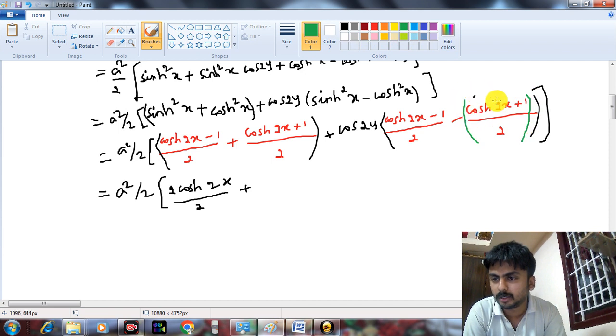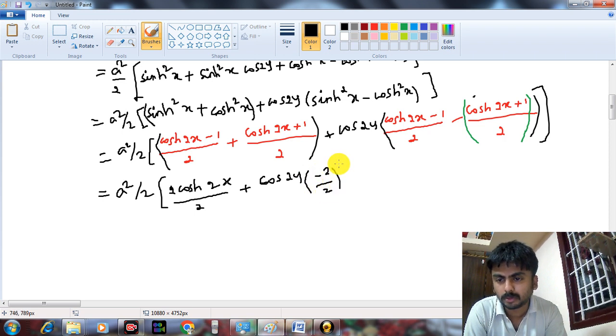This minus will act on this whole term also, so we will get minus cos 2y plus cos 2y into, so this is minus 1 by 2 and again minus 1 by 2, that is minus 2 by 2.